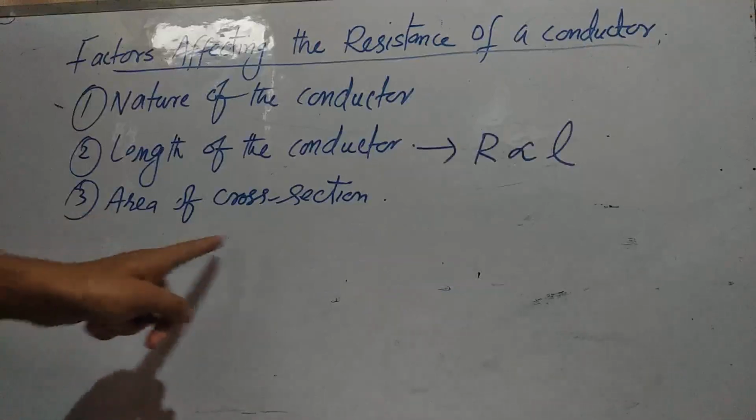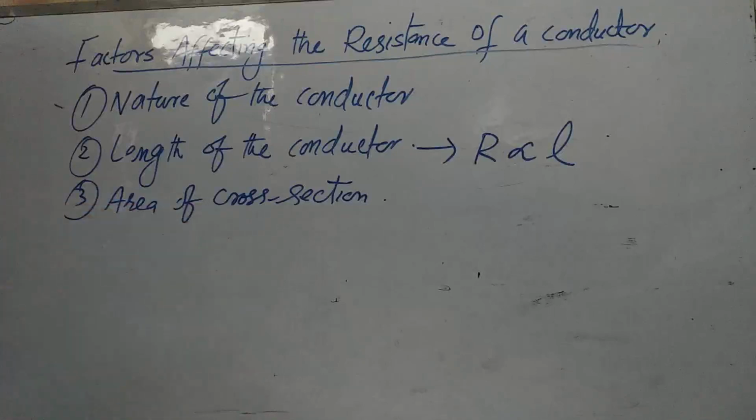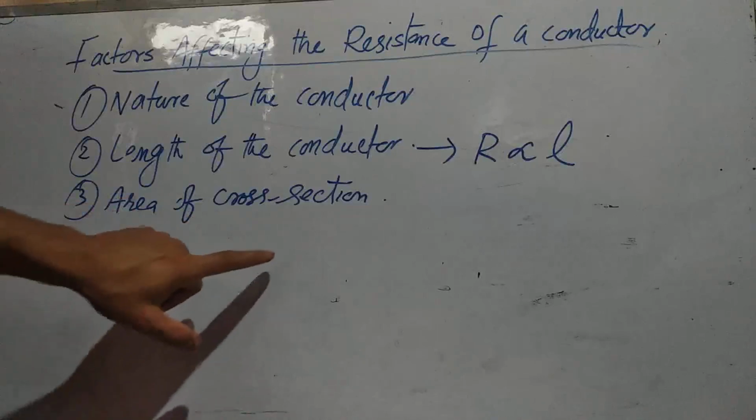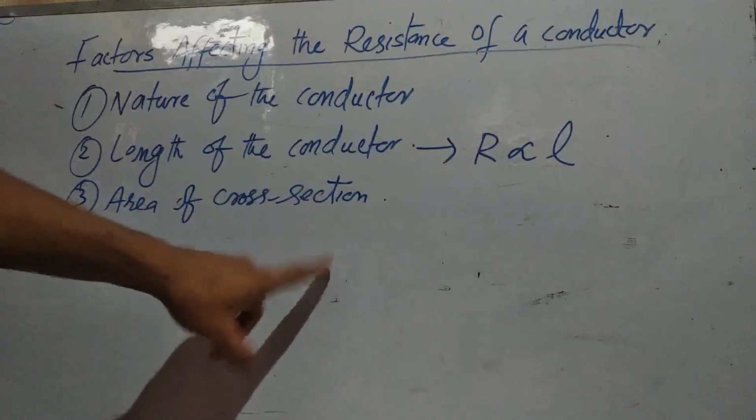And then area of cross section. How does area of cross section affect the resistance? Resistance R is inversely proportional to the area of cross section.